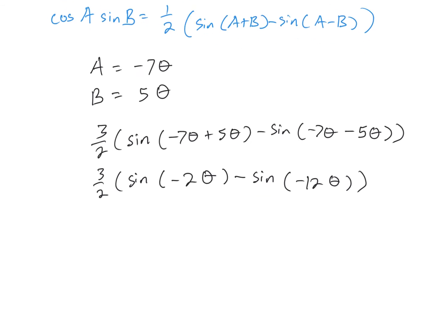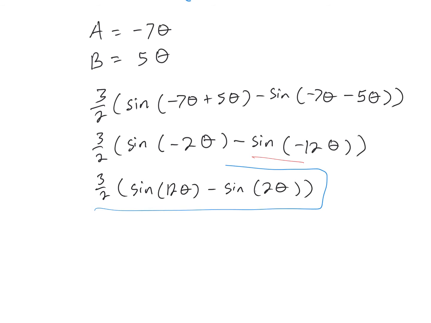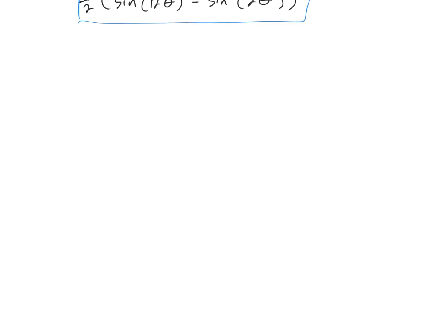I'm going to pull out the negative, so then this could be 3/2 times, and this is a negative, so we'll change that to a positive. So this is sine of 12 theta minus sine of 2 theta. That's how we would write it as our answer right there. Let's do another example.